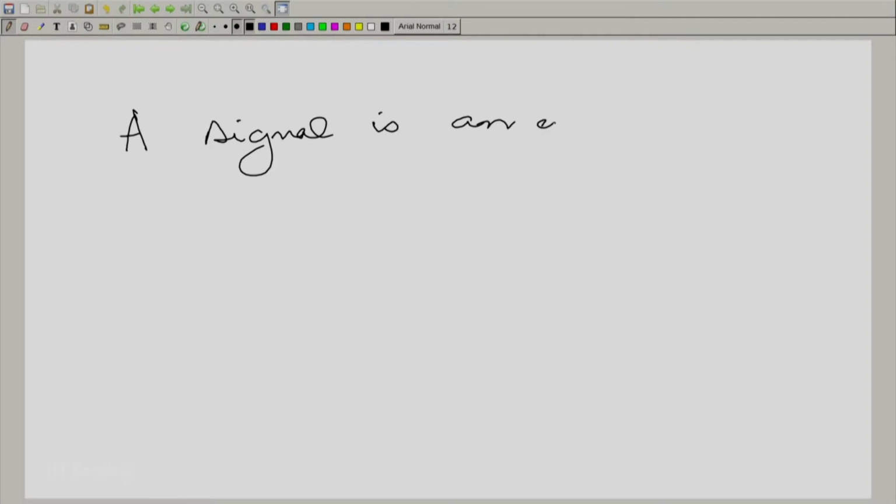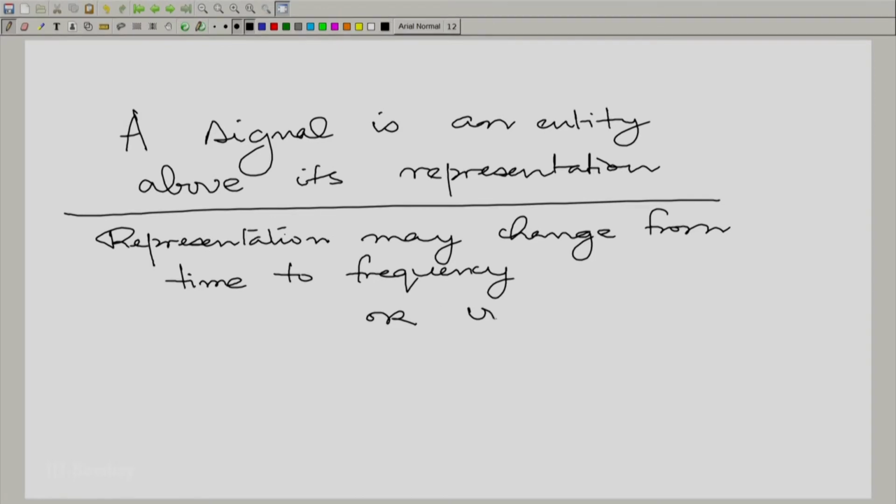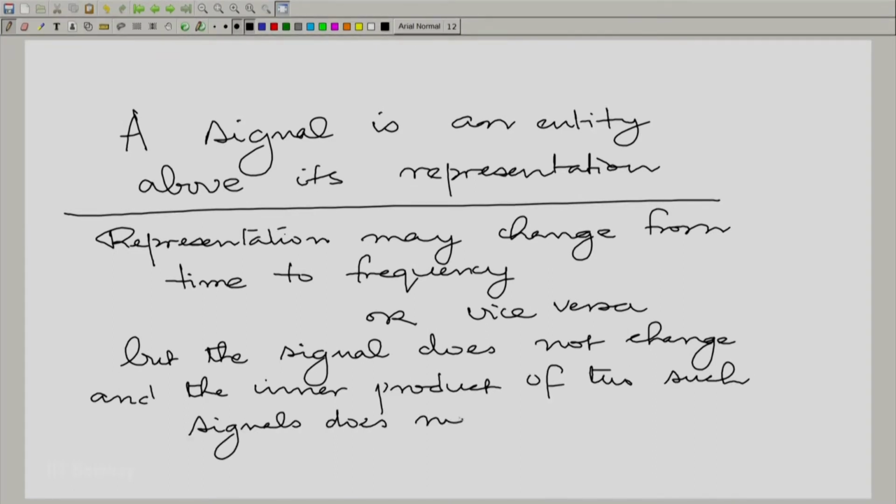A signal is an entity above its representation, meaning the representation may change from time to frequency or vice versa, but the signal does not change, and the inner product of two signals does not change.